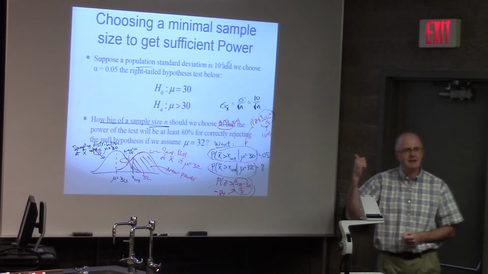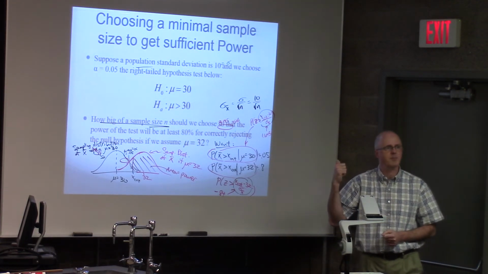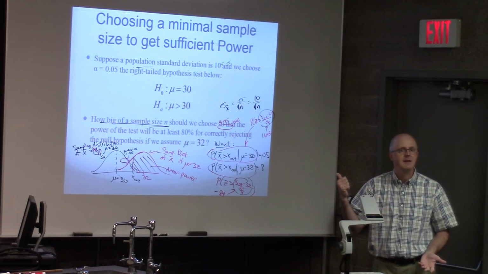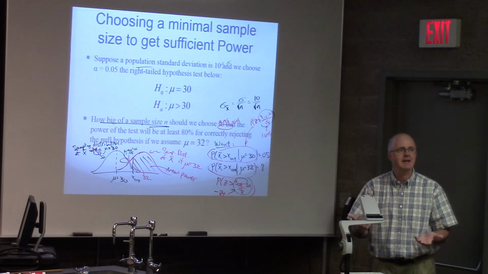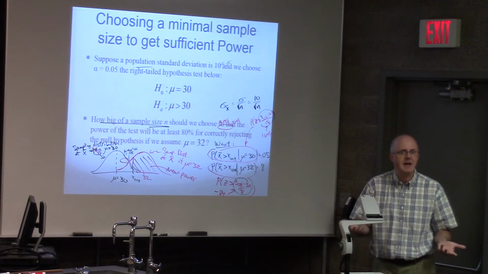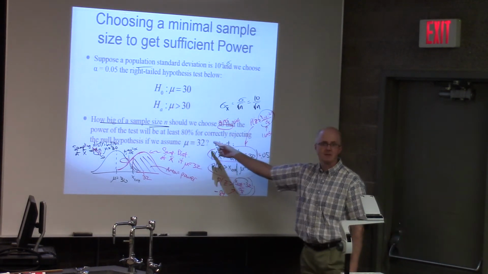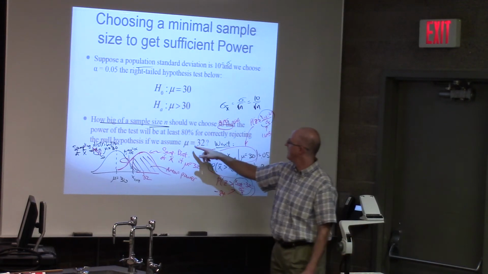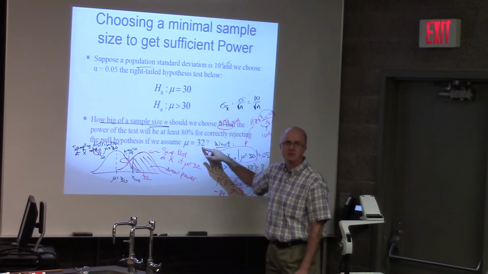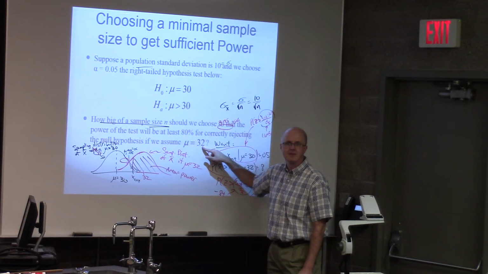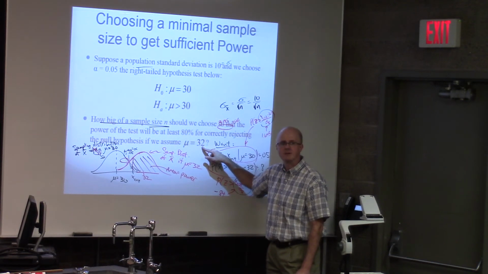But I think this is worth going over because it is a practical kind of thing. You're planning your sampling. You're wondering how big should n be? How big a sample size do I need to get at least 80% power of correctly rejecting the null when the alternative 32 is true? That's a very practical kind of question.